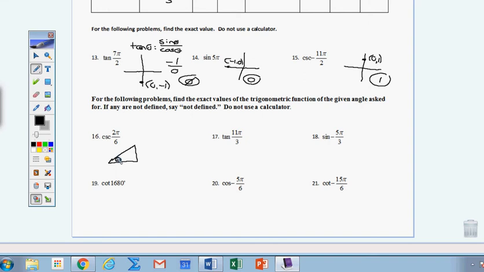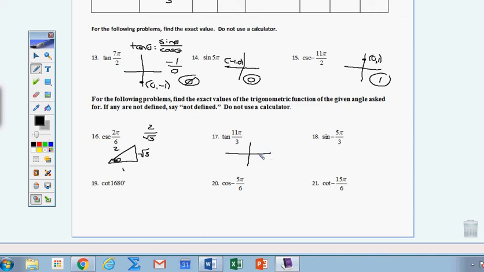Actually, let me do that again, sorry. This is going to be a 60-degree angle. And you're going to have 1, root 3, and 2. And cosecant of 2 pi over 6 is going to be 2 over root 3.